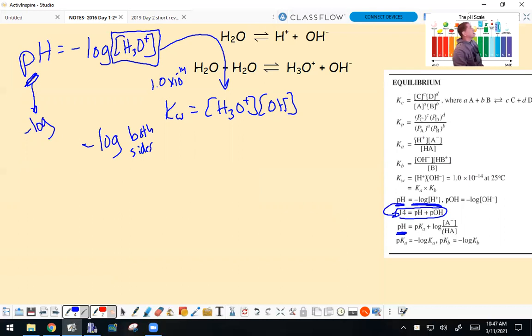So we don't just have pHs and pOHs. If you take the negative log of both sides, you get the pKw. And that equals the negative log of H3O plus, which is the pH definition, plus the negative log of OH minus. Now, when you're multiplying logs, you add them. And so that's where that comes from.